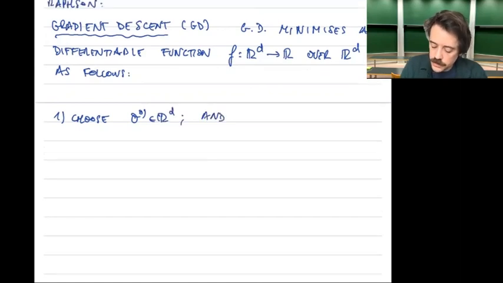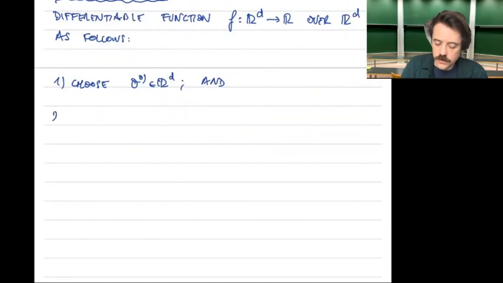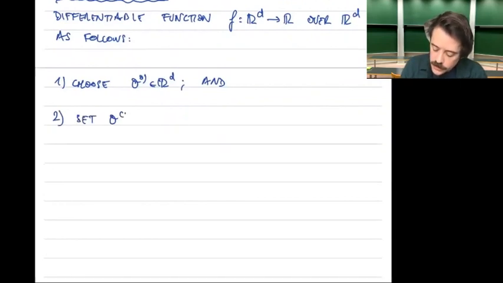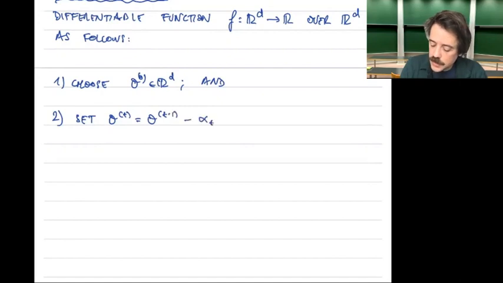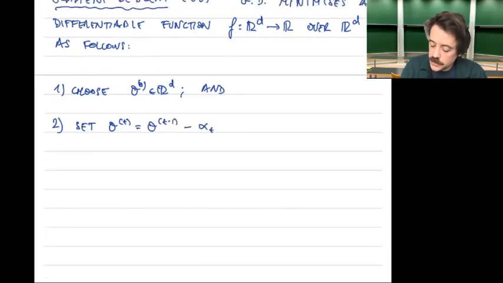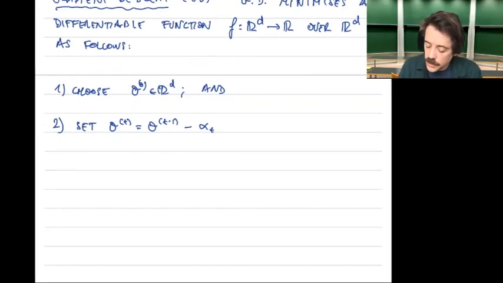And then second, we set theta t to be the previous value minus, and this is because we are minimizing. If we were maximizing, you can just write plus.